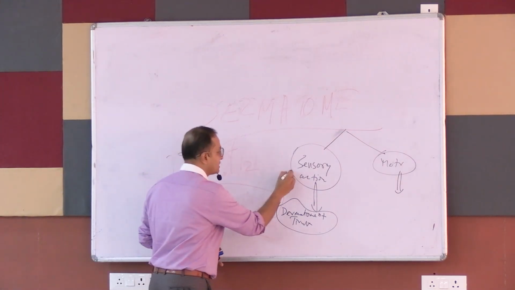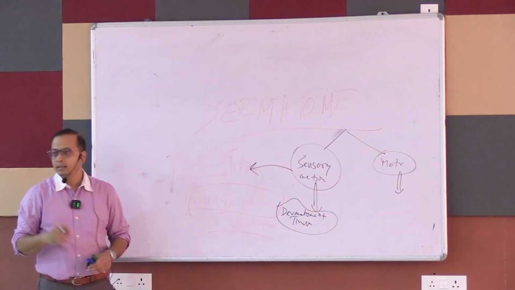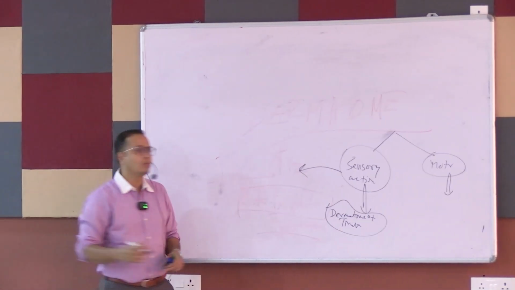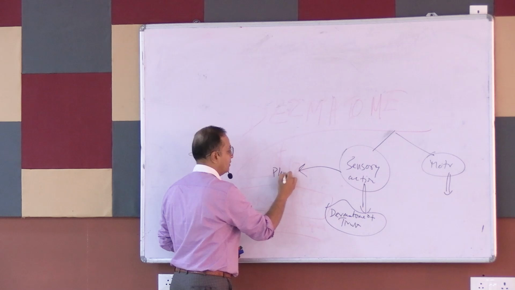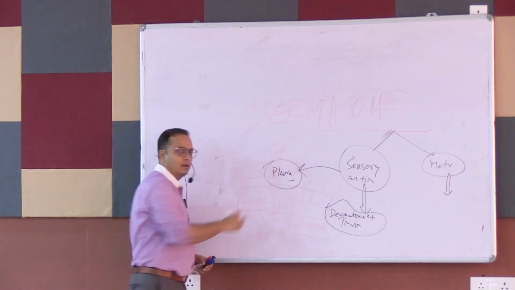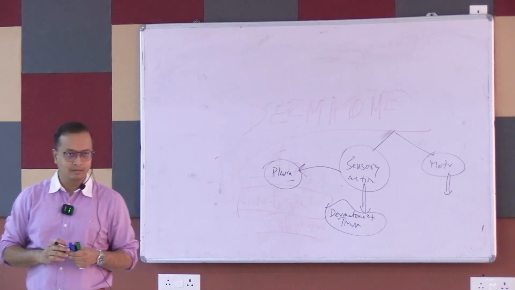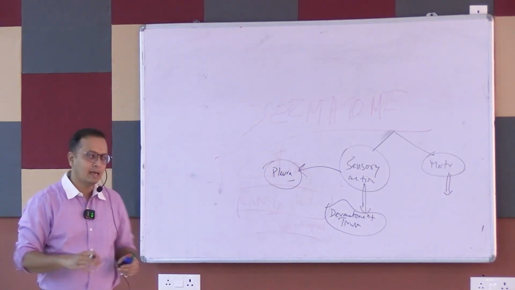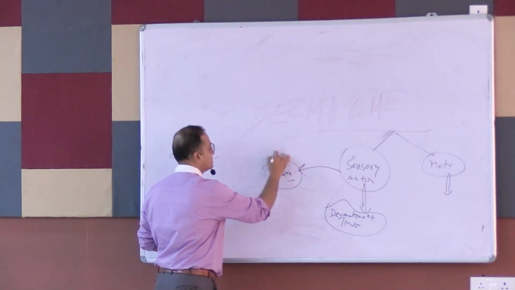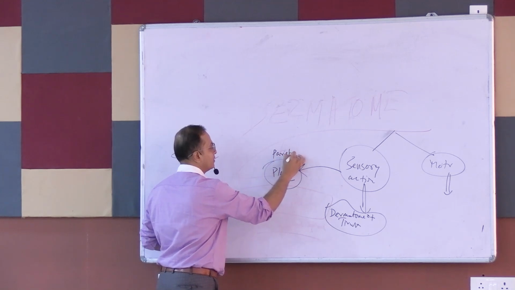The second part of the sensory action, which is not mentioned here, is that they supply a membrane. We call it the pleura. Now what is the pleura? It is a membranous lining covering surrounding the lungs. The margins of the pleura we call the parietal pleura.